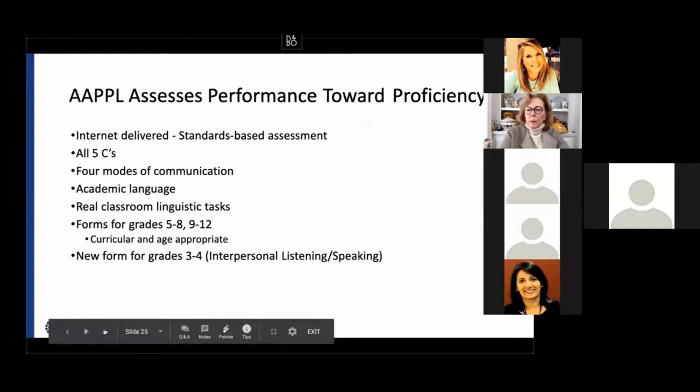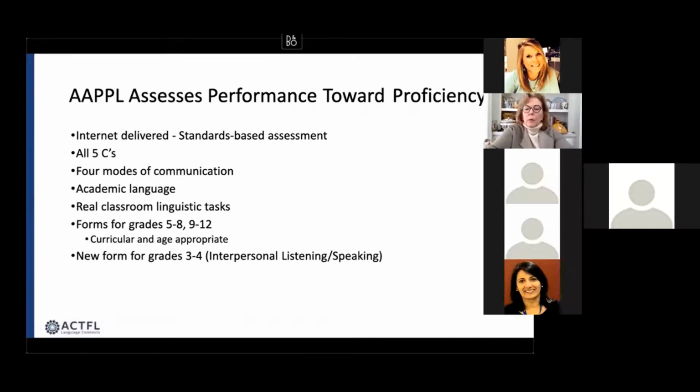It is an assessment that addresses all 5 C's, and it addresses 4 modes of communication. It addresses interpersonal listening and speaking. It addresses interpretive reading, interpretive listening, and presentational writing.